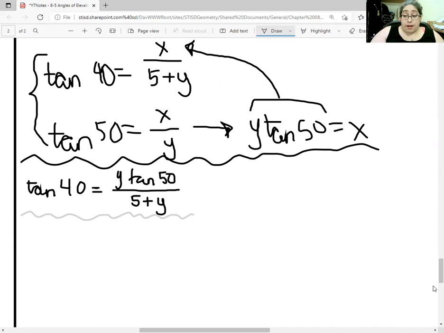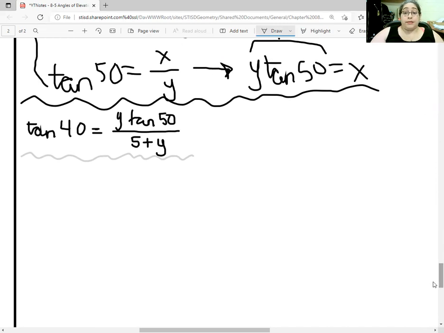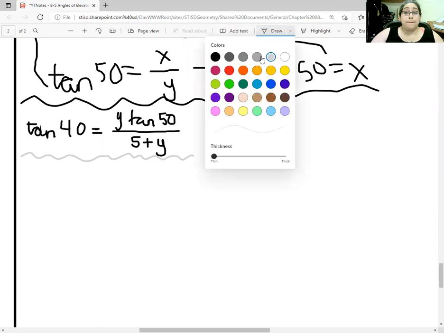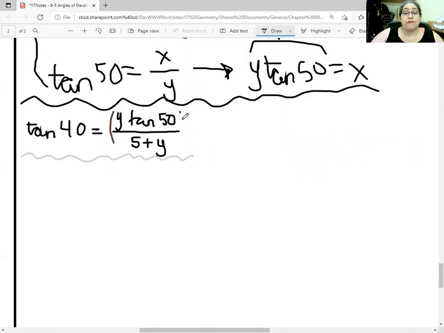It looks like a hot mess because I have y's all over the place. I think the first thing I'm going to want to do is get rid of this fraction. That fraction is a little concerning. So I'm going to multiply both sides by the denominator, not by the variable in the denominator, not by the number in the denominator, but by the entire denominator.